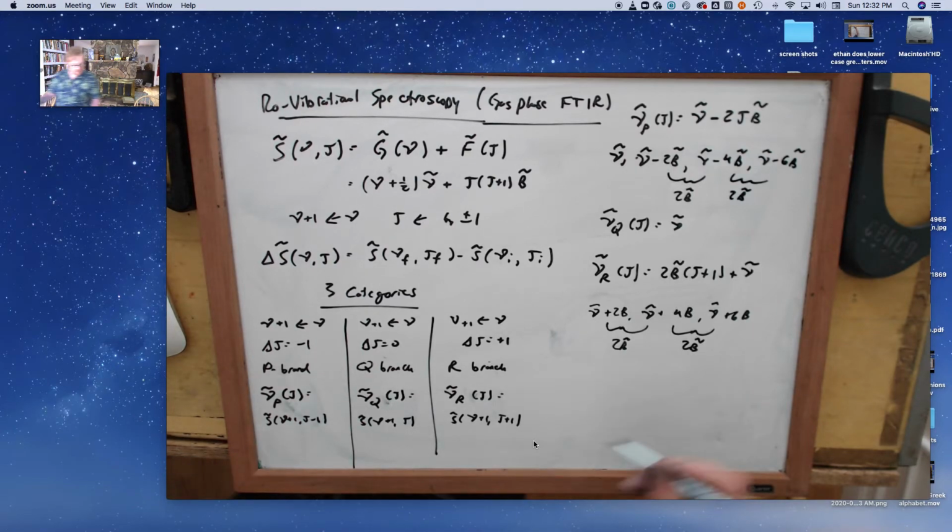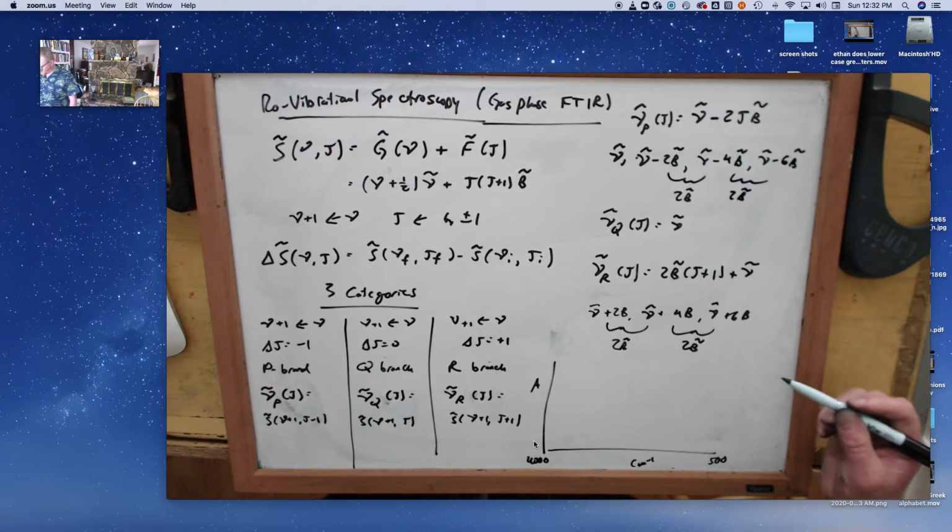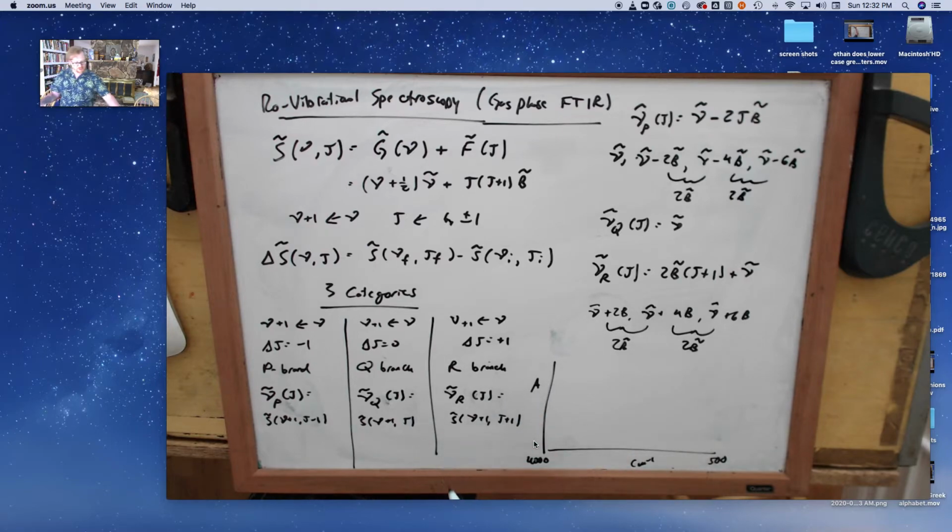Okay? So in a spectra, if I plot absorbance versus wave number, and here I'm going to put like 4,000 wave number on this side and like 500 wave number on this side. So we would only see certain molecules with a Q branch. I think I maybe forgot to mention that. There is a selection rule for Q branch.